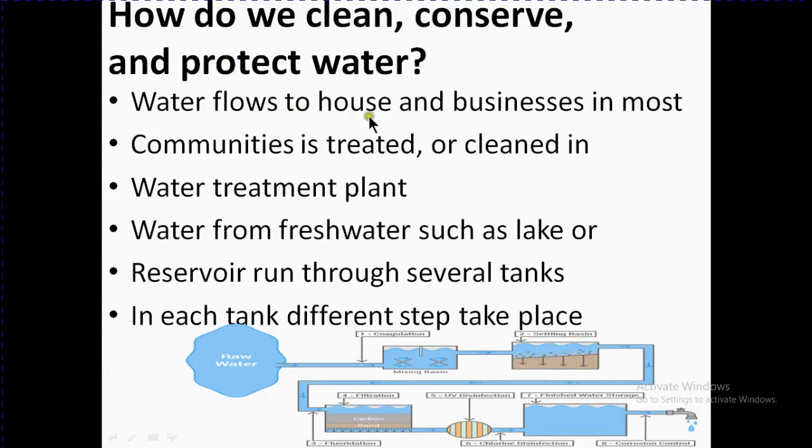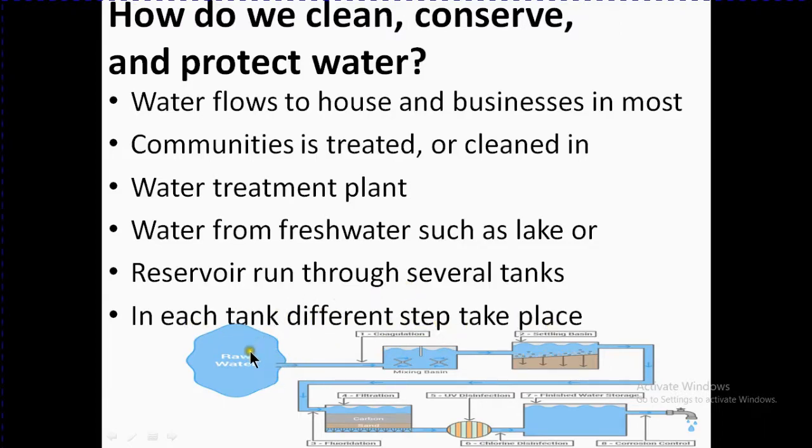Water that flows to houses and businesses in most communities is treated or cleaned in a water treatment plant. Water from fresh water such as lakes or reservoirs runs through several tanks. In each tank different steps take place.